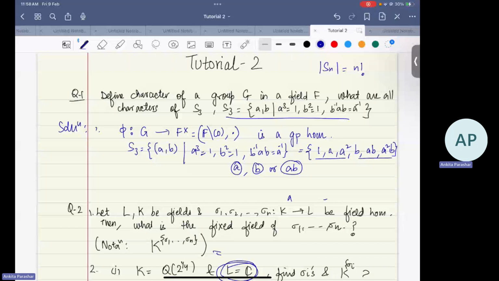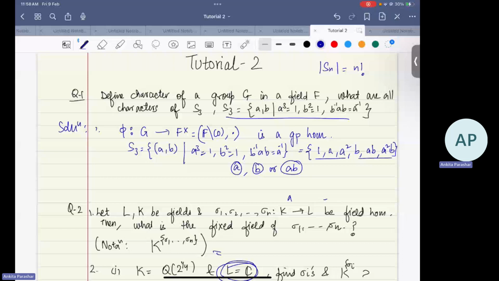There will be certain relations because you are working with a finite group. So the order of every element will be finite. In particular, your generators have finite order, and there will be certain relations among them. These will help us define the map.